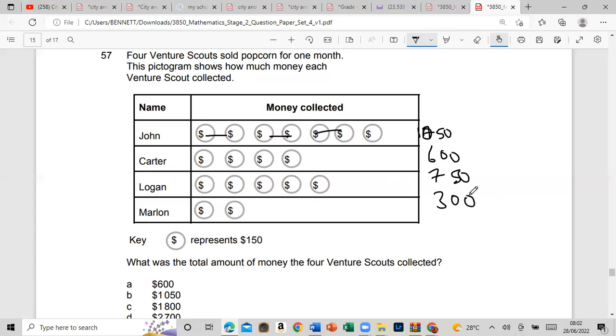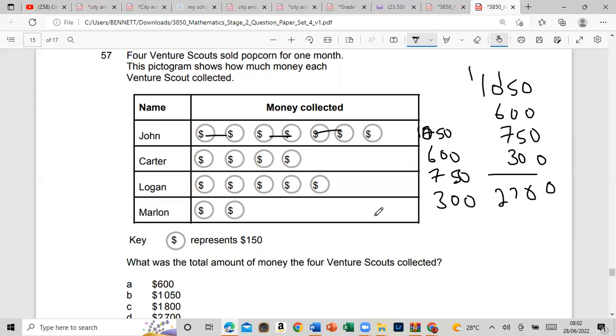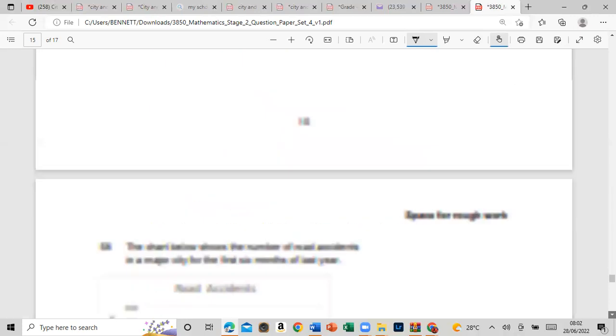And this makes 300. I'm setting it out properly now. So 600, 750, and 300. 0, 5 and 5, 10, 0 carry 1, 6 and 1, 7, 14 and that's 7, carry 1. So that's 27. So that's D. All right, let's move on to 58.